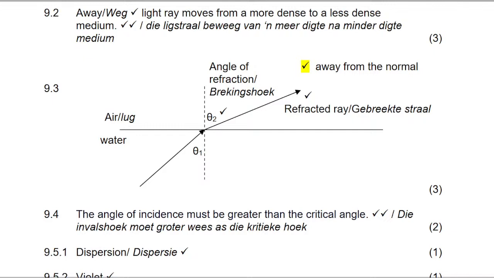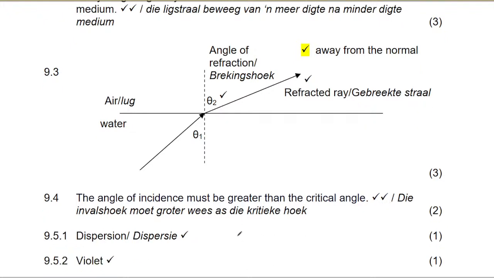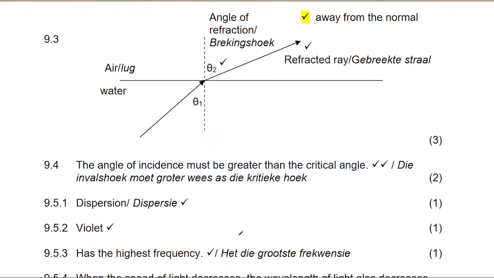And then 9.4, state one condition that leads to total reflection that has reference to the angle of incidence. It means we strictly want the learner to base their argument on the angle of incidence.